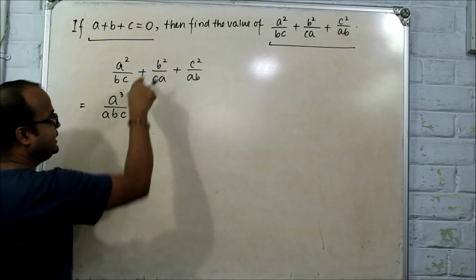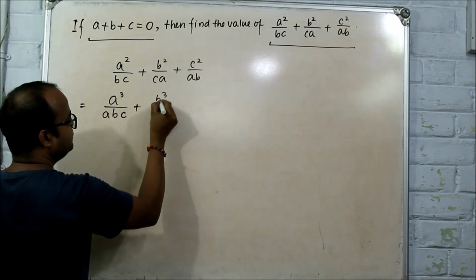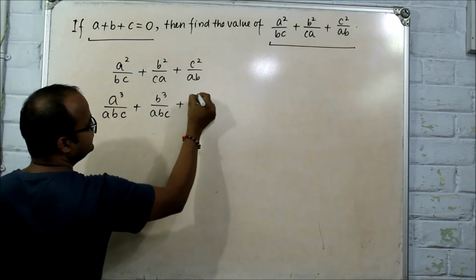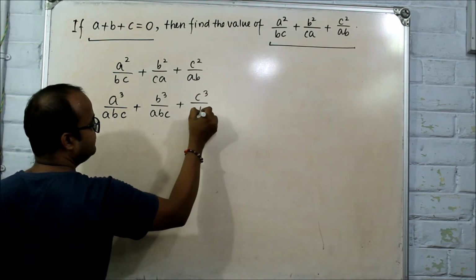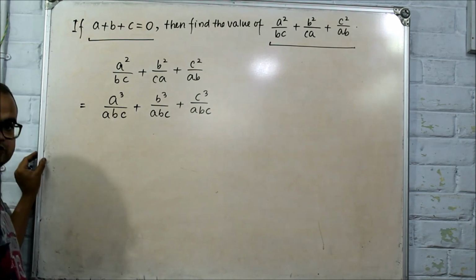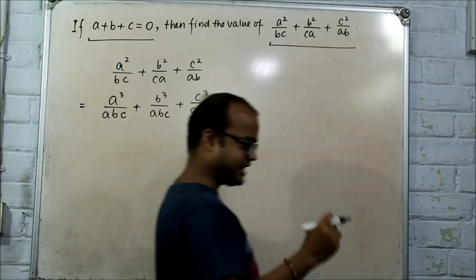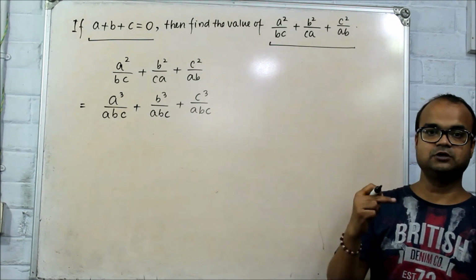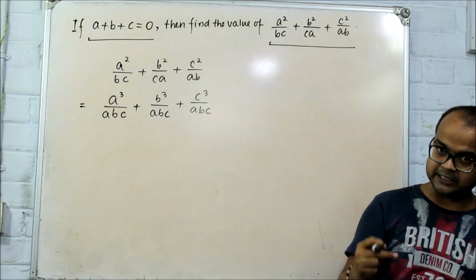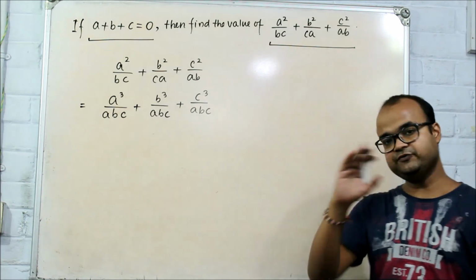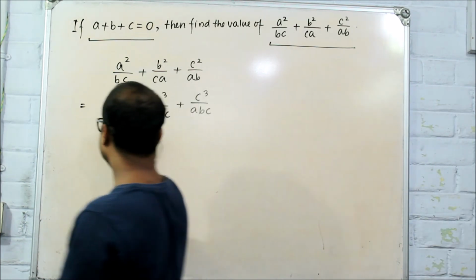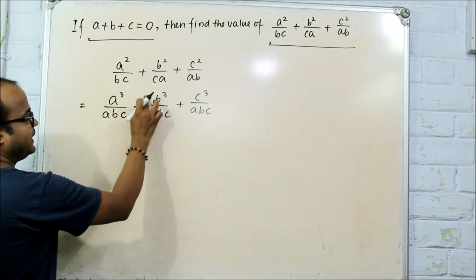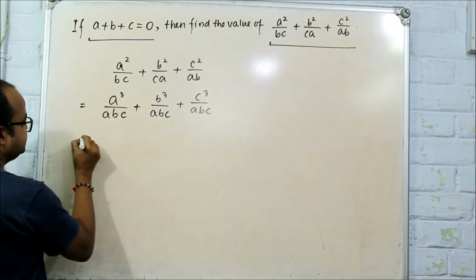In the second term, ca, so we need to multiply with b, so b cube by abc plus, same way, c cube by abc. If you multiply numerator and denominator by the same term, the fraction remains unchanged. So here we are multiplying numerator and denominator by a, by b and by c.